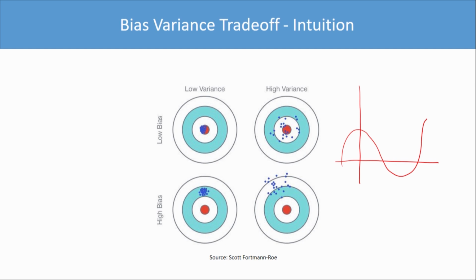This was my true f of x. And then there is noise, because of which I'm seeing these points. So when I sample 10 different points, these are the points I see, right?